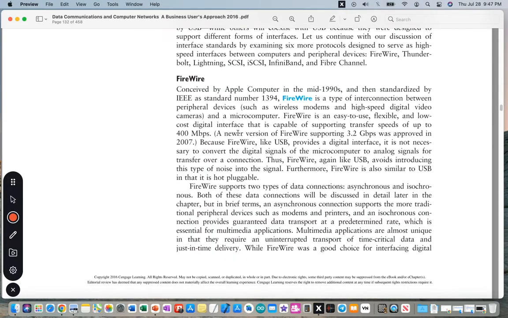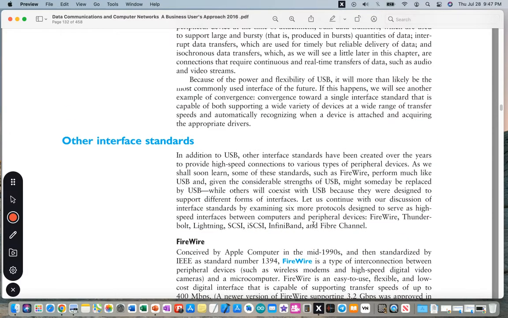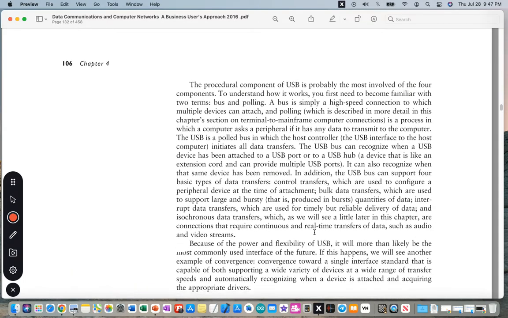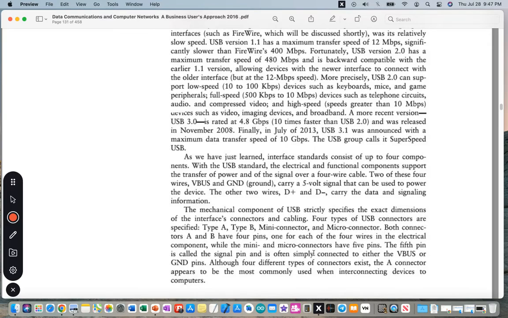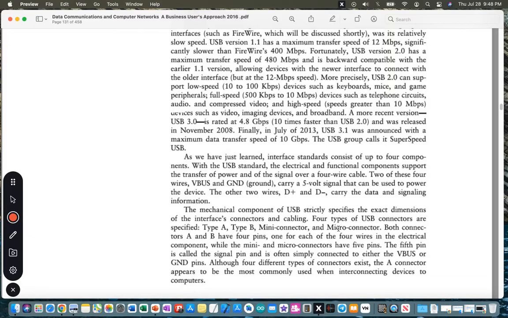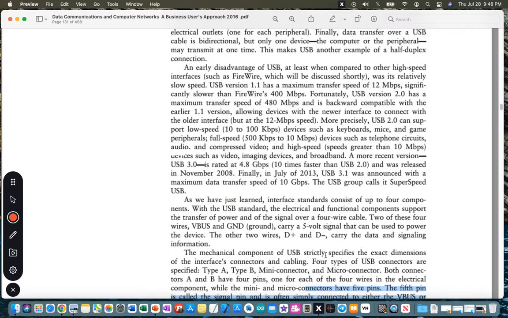And if we keep going, the FireWire is not really related to the X.21, and other interface cards are not really here. Okay. USB. All right. I don't see anything related to the X.21.